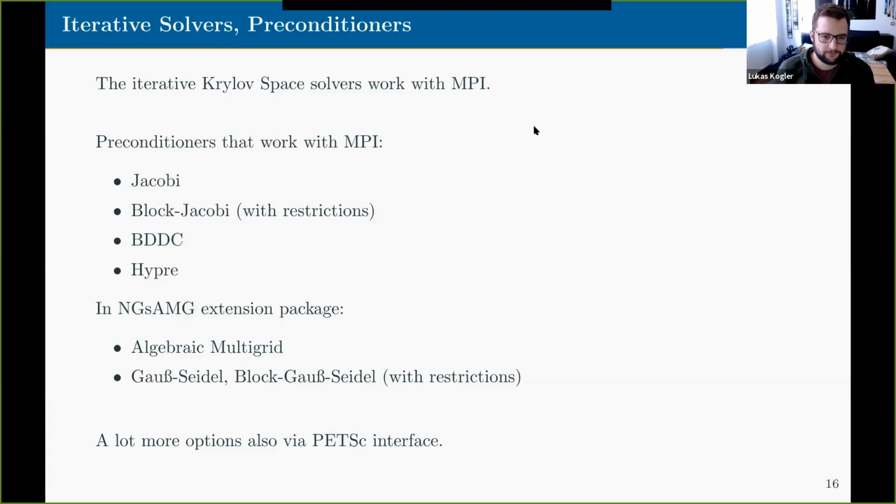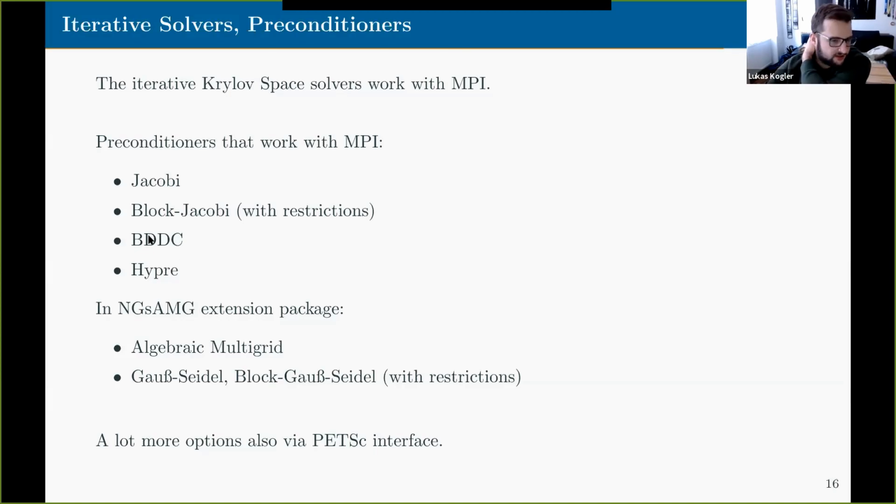So there's nothing specific you have to do to make this work with MPI. The preconditioners that do work with MPI are Jacobi and block Jacobi if you only have blocks that don't cross MPI boundaries. Probably the poster child is the BDDC preconditioner. For medium problems, you will get really, really far with this.